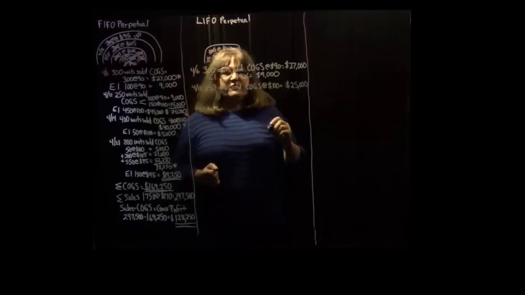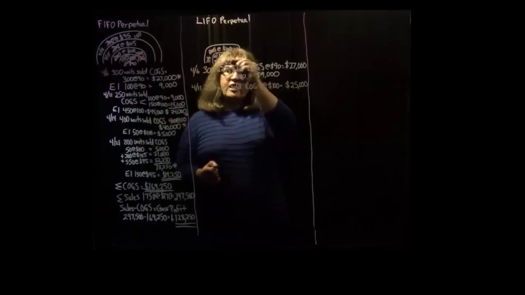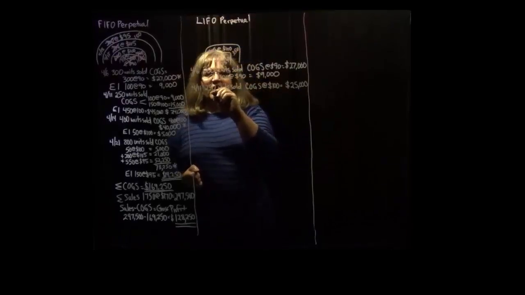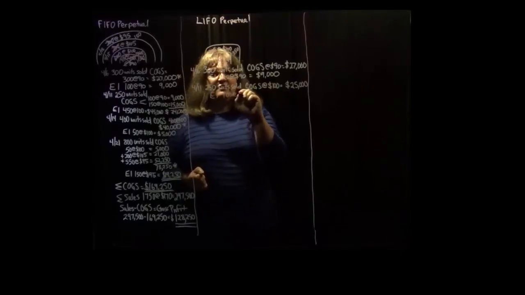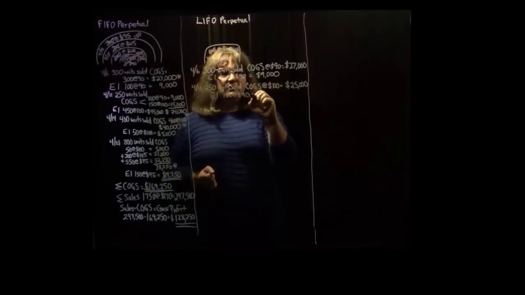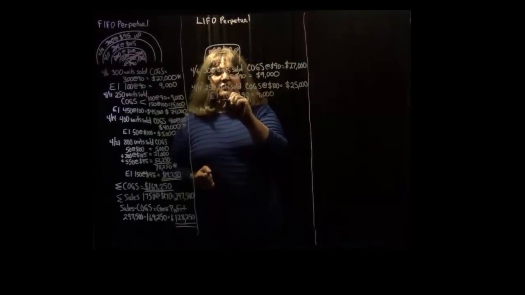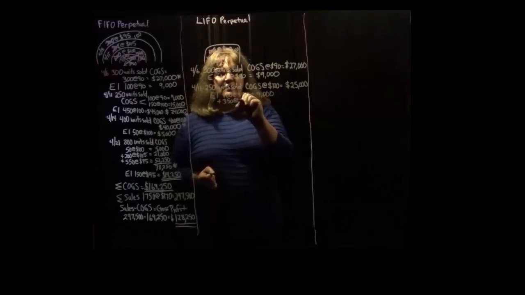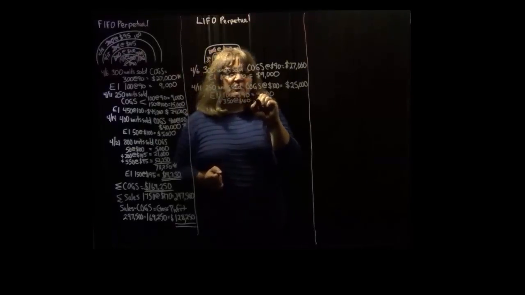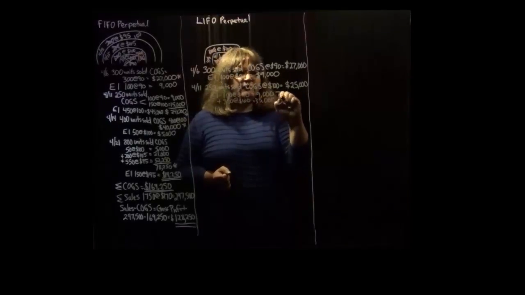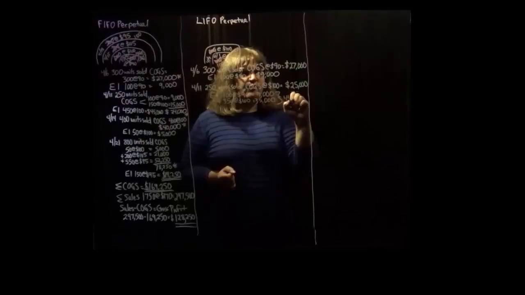So we've got 350 left at that point. Plus we still have the 100 that cost us 90 each. And so our ending inventory is going to consist of the 100 at 90, which is 9,000, plus the 350 at 100 each for a total of 35,000. And we add those together to get total ending inventory at that point of 44,000.